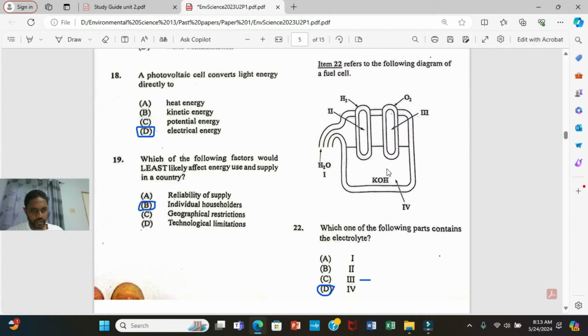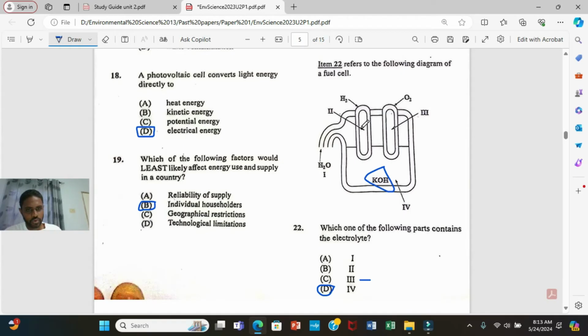So that would be here. Potassium. So this is potassium hydroxide here. So this is an alkaline fuel cell. So this fluid here will capture the ions, the oxygen ions passing through the liquid here. All right, and the oxygen will eventually join those oxygen ions here.